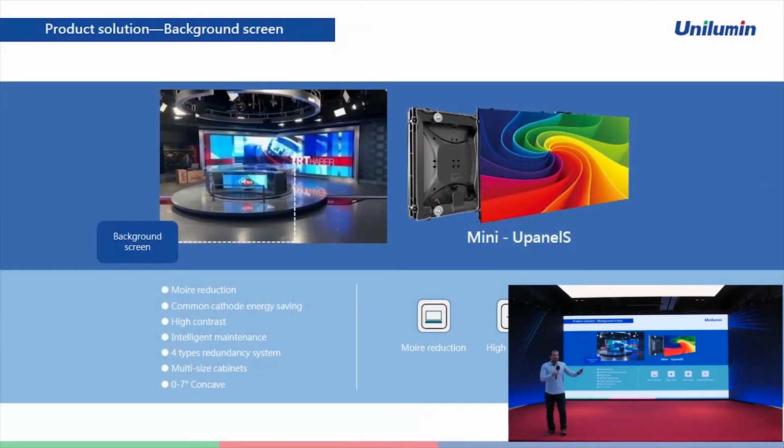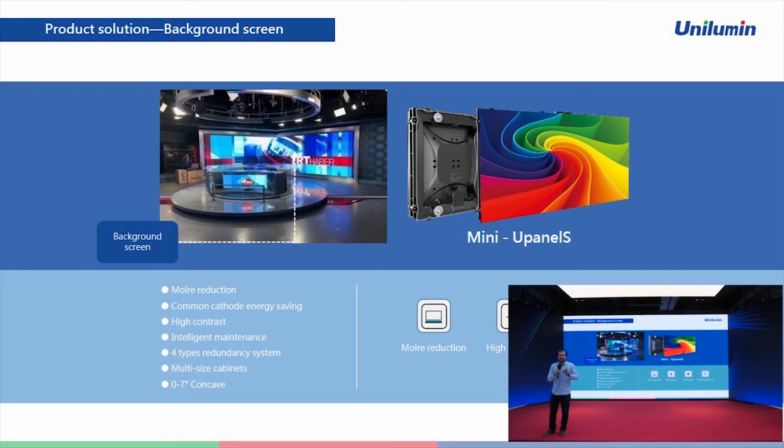So, till now, we have presented the customer pain points and what our product solution is for the background screen. This most important screen for any studio requires Moire reduction, high contrast, multi-shape, and a redundancy system.